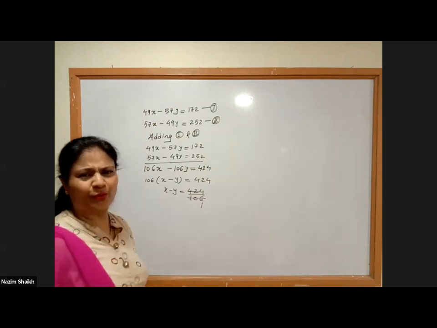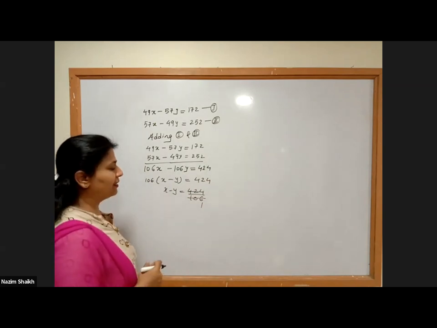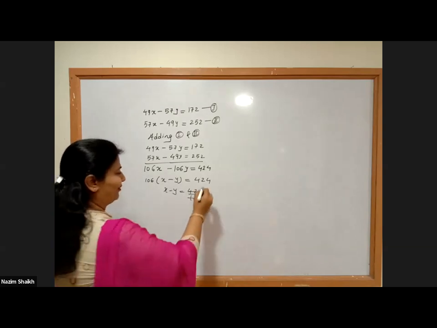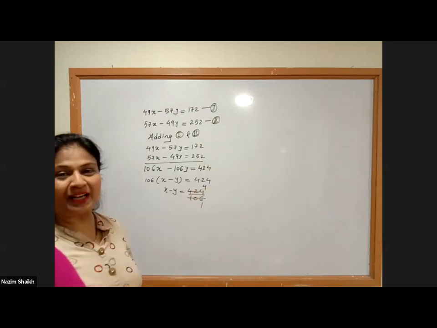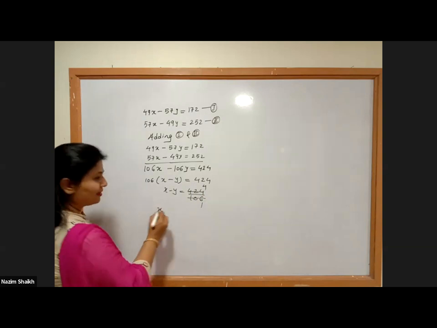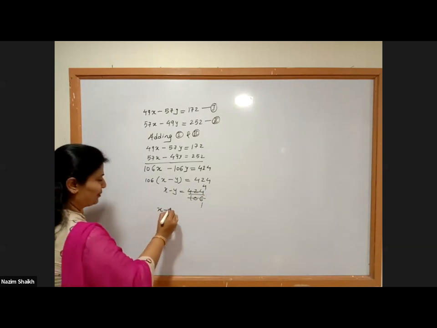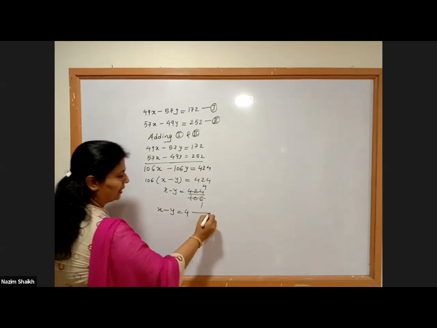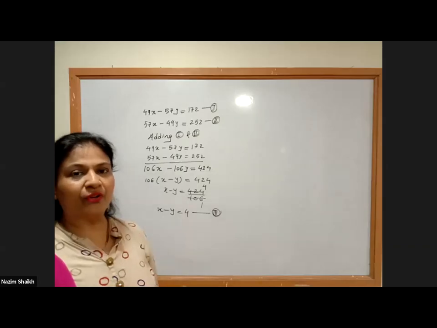You can go by 2, you can go by 3, you can directly get it. 106 4s are 424, so the answer is equal to 4. So x minus y is equal to 4. This is our equation number 3. Many of you got this correct?